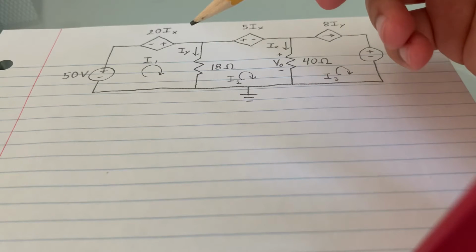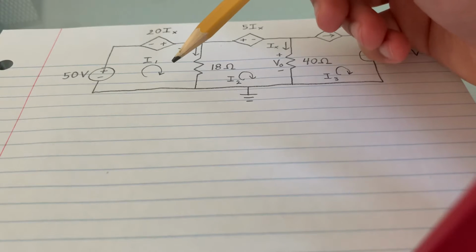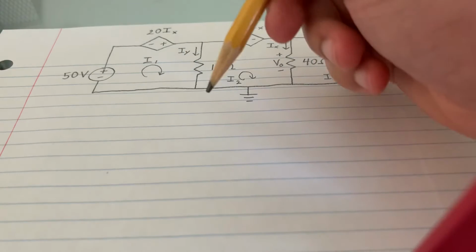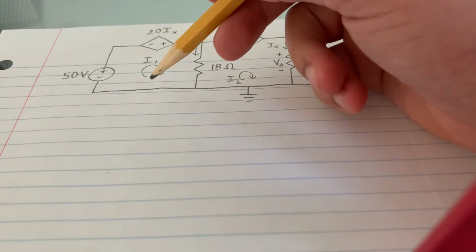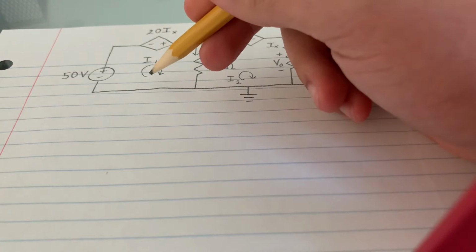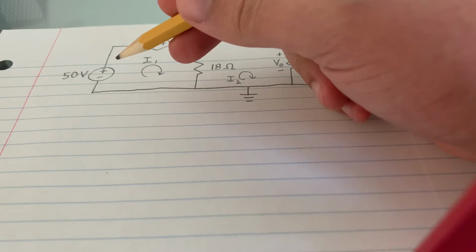I've now declared three currents, I1, I2, and I3, and it's time to solve for these currents. I'm going to write equations starting with I1. For mesh analysis, I'm going to go in a nice counterclockwise circle and start writing different parts of my equation as I go. So let's start down here. I've hit a voltage source.